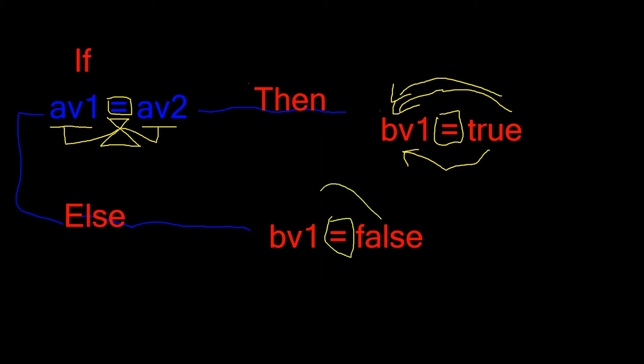You probably guessed it. We're putting the value from here into here. In this case, we're taking the actual value and passing it over.